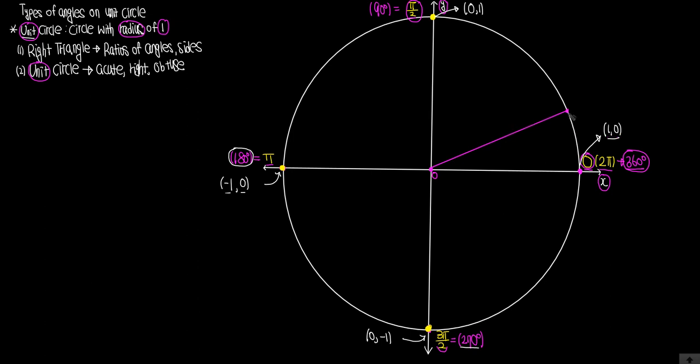Then the terminal line will contain one coordinate that expresses the location for our angle measurement. And let's say the angle between the terminal and the initial line is theta.